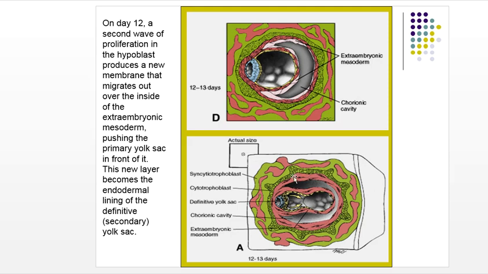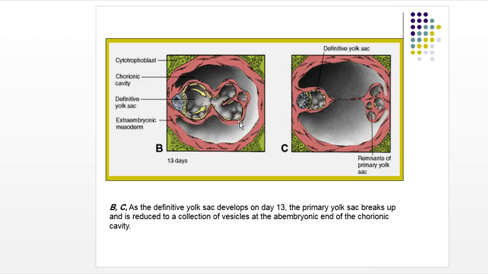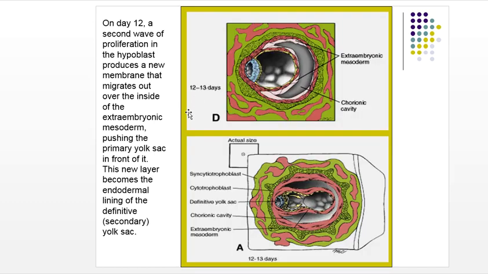And what about the next day, around 13 days? A new layer, here you can see, is formed by hypoblast cells. It means that we have further proliferation in the hypoblast layer, and this proliferation makes a new membrane.